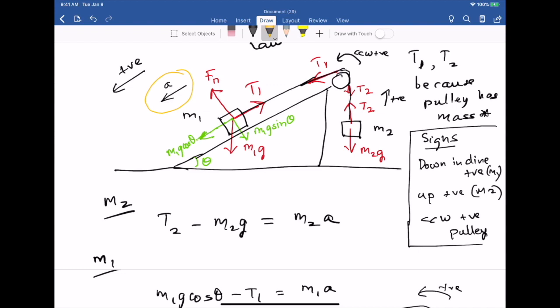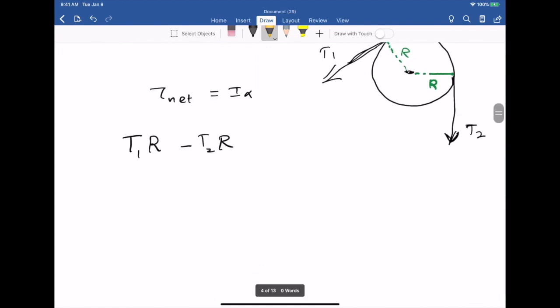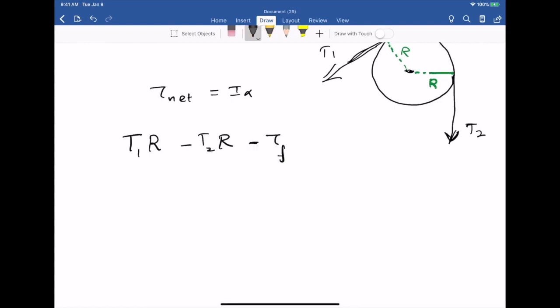And so you know that frictional torque will never help the motion. It will always oppose the motion. So the frictional torque has to be in the clockwise direction, and so it gets a negative sign. So minus tau friction, and that is the net torque.